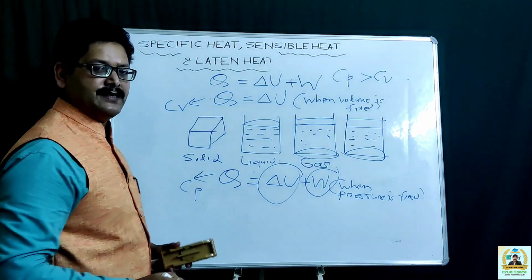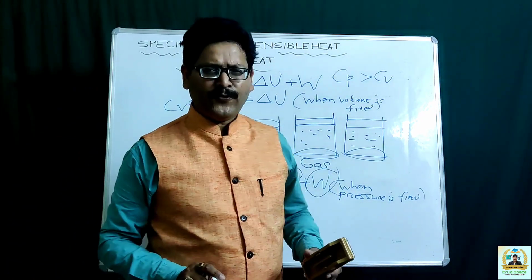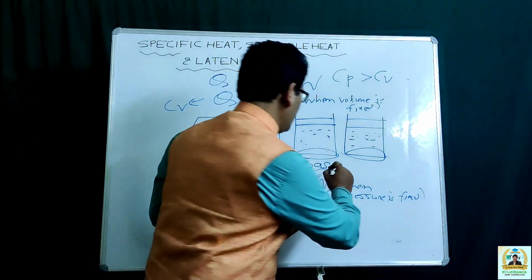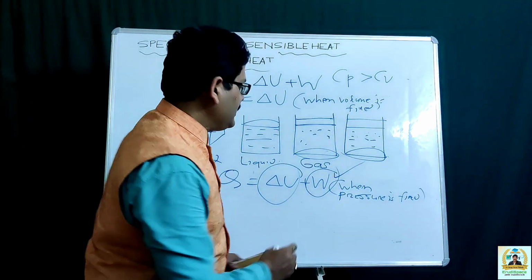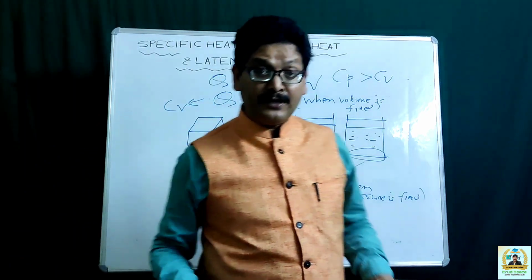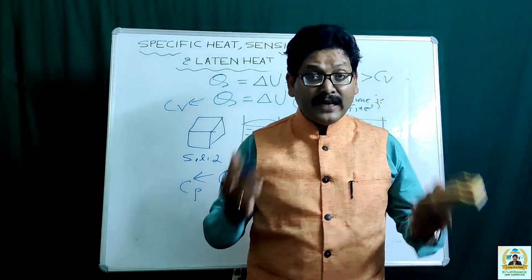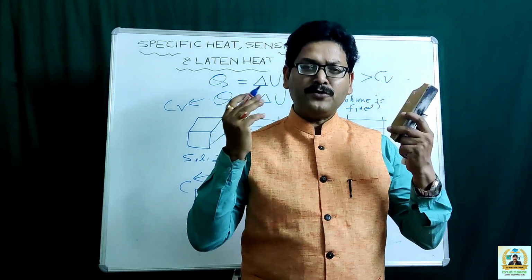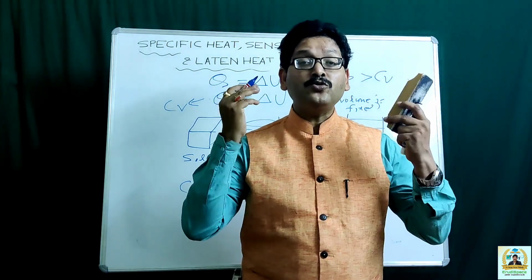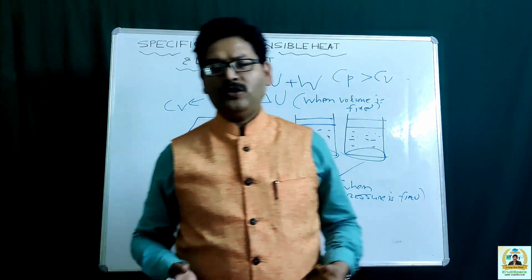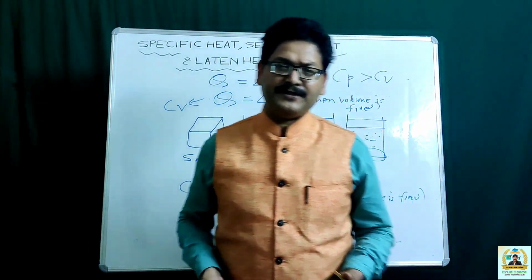Whereas in this case, a part of the heat energy is undergoing expansion, and the remaining part is stored as increase in internal energy. So for that reason, we do have two specific heats when it comes to gases, whereas you do have a single specific heat when it comes to your solids and liquids.